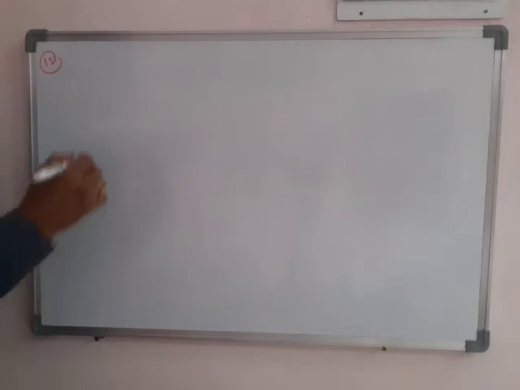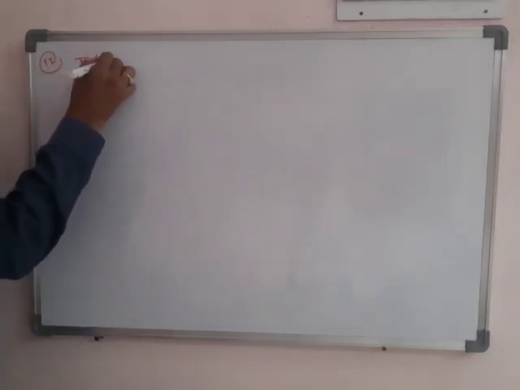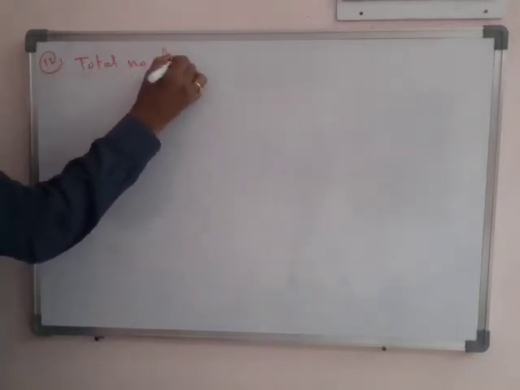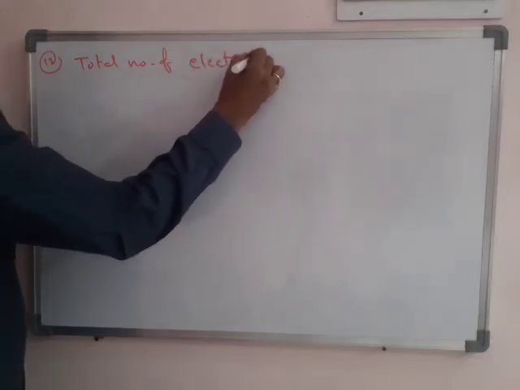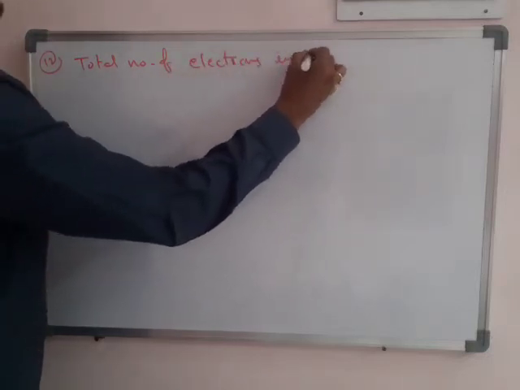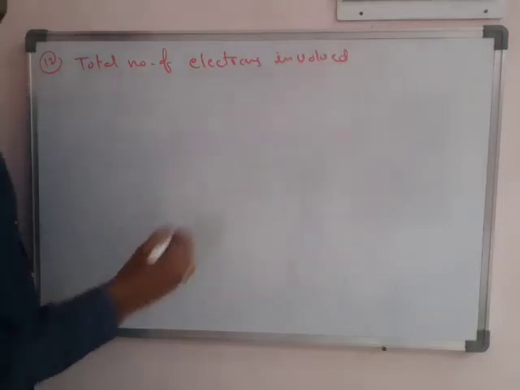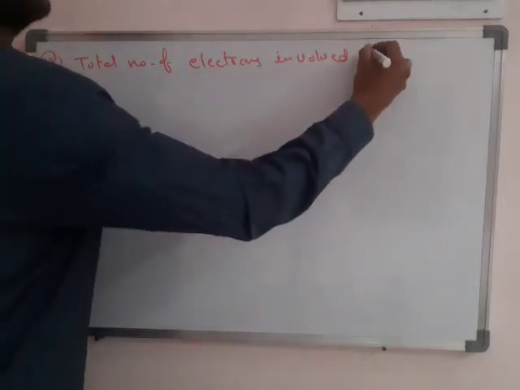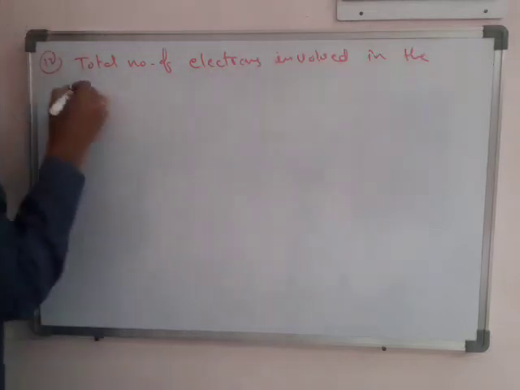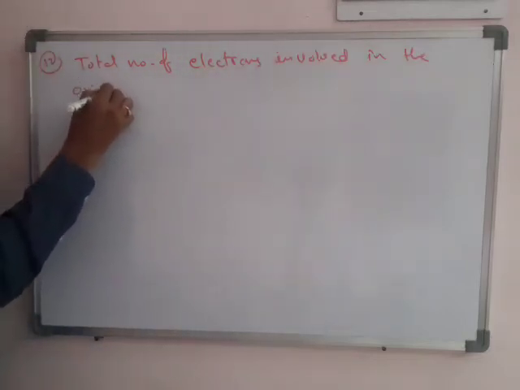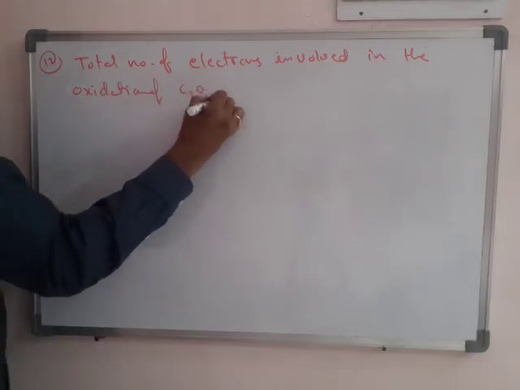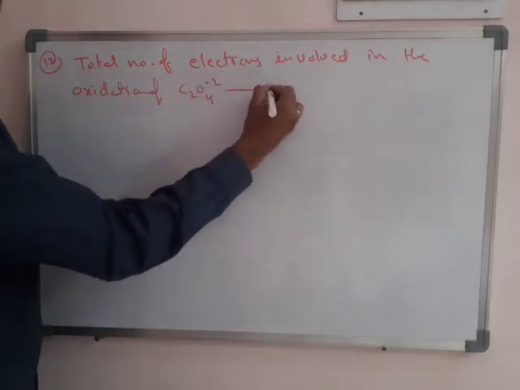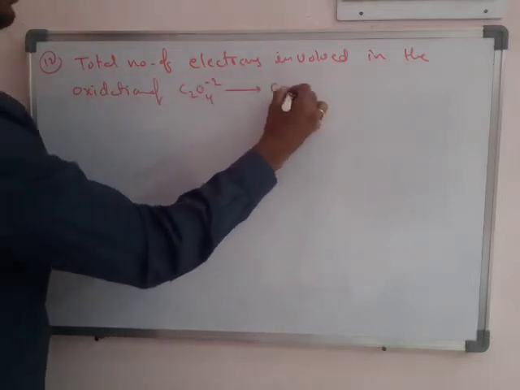So the total number of electrons involved in the oxidation of C2O4 minus 2 to carbon dioxide.